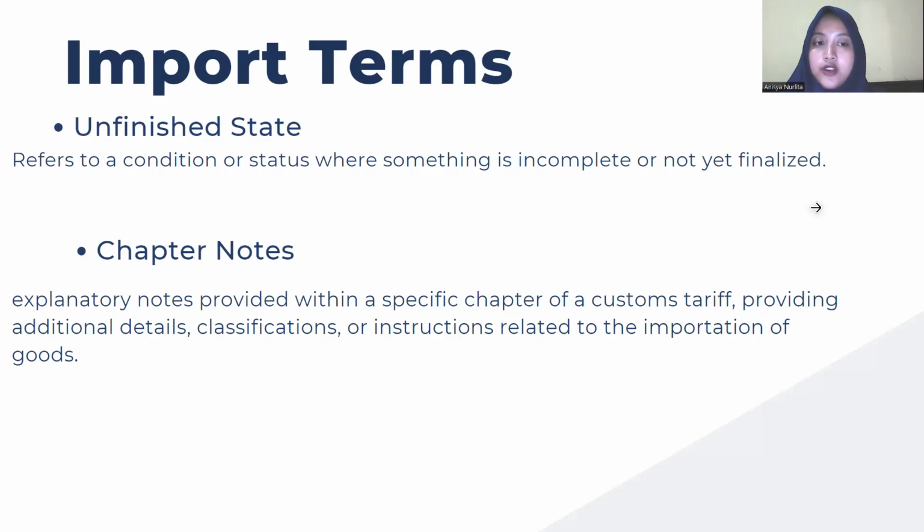And the last one, we have chapter notes. These are explanatory notes provided within a specific chapter of a customs tariff, providing additional details, clarifications, or instructions related to the importation of goods.